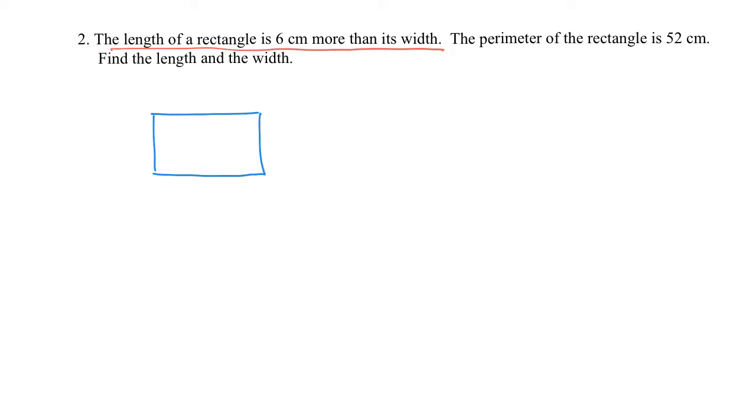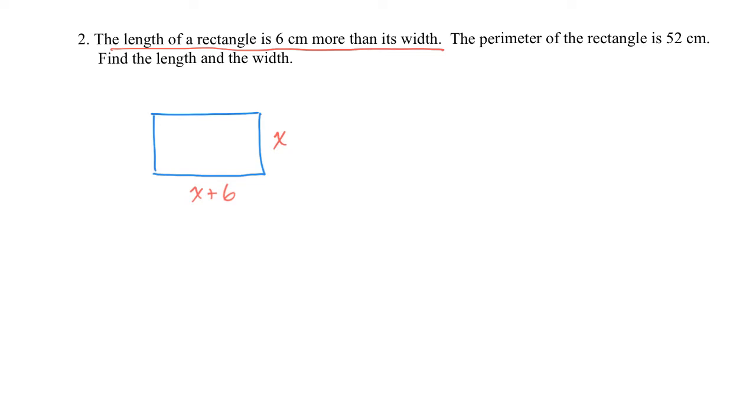So we really have 2 options here. If we stick with we like to make our variable the smallest thing, then I would expect to see a lot of x's or maybe w's labeled on that width. That is going to make my length 6 greater. So I take my x plus 6 or my w plus 6 and so on. Hopefully our diagram matches up.